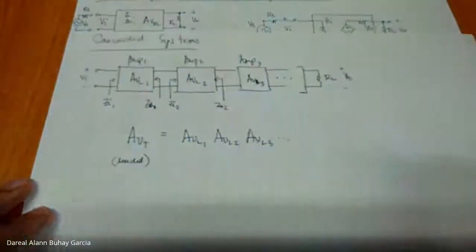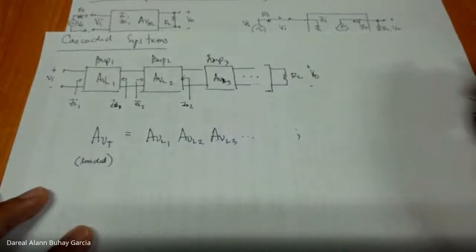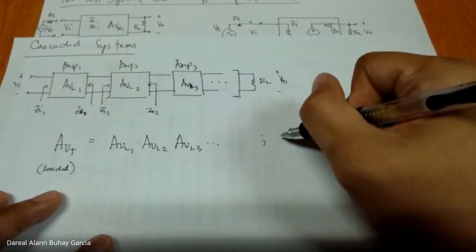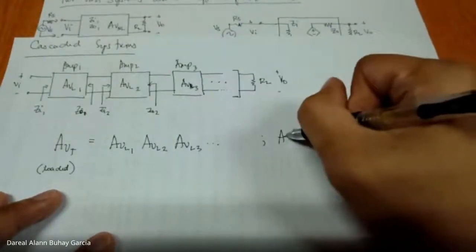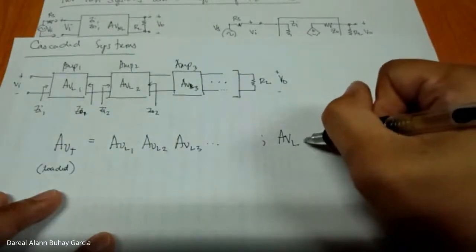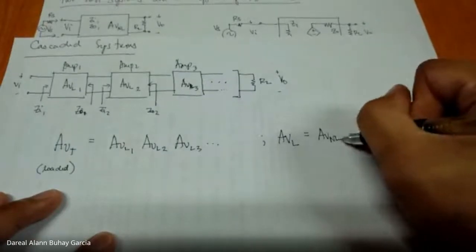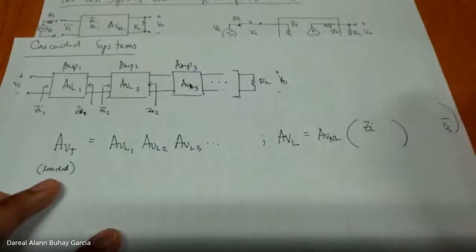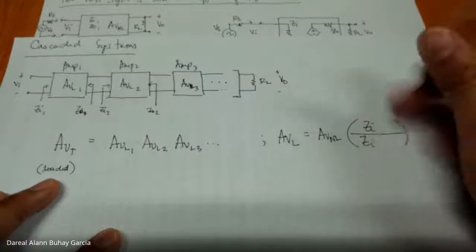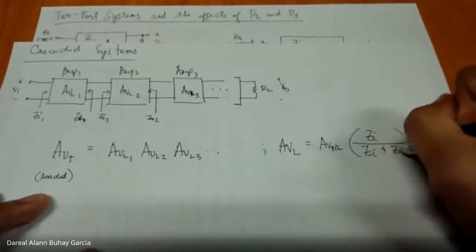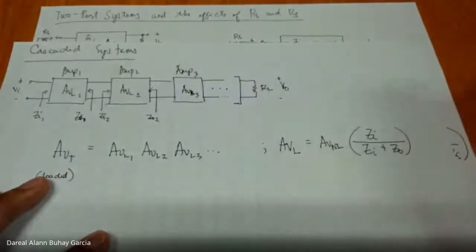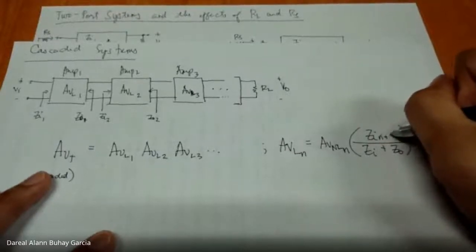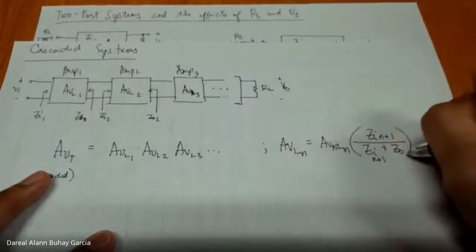As a side note, just a statement: AVL is equal to AVNL ... and generalizing, for the Nth stage, N plus 1: ZIN plus 1, ZON.